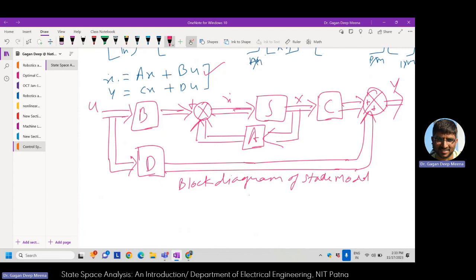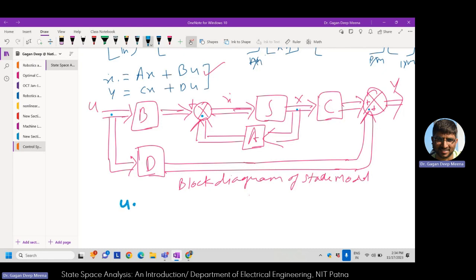I can also make the signal flow graph of this state model, as we have studied. For the signal flow graph, we know the nodes. We will see these points where something is getting added, something is taking off, or something is meeting. So we get the nodes, and I have this node here.